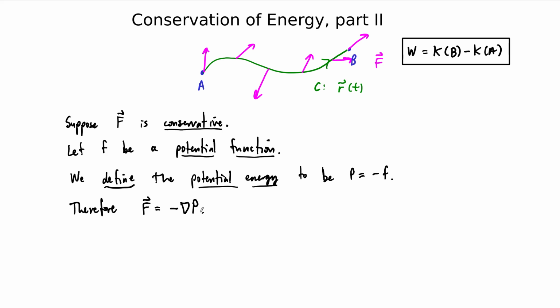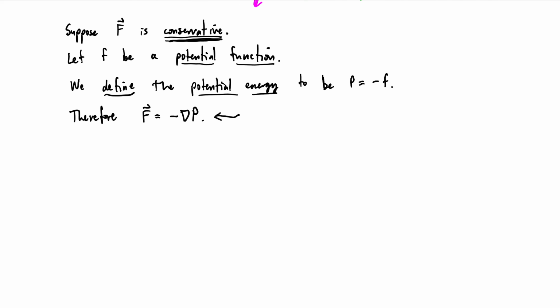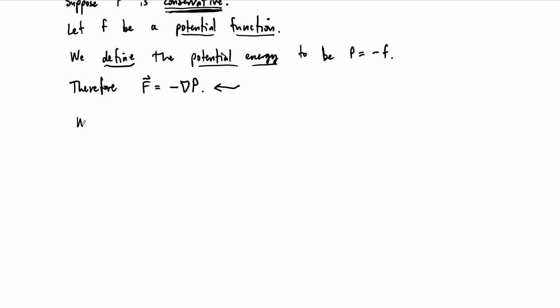Let's now try to compute the work done where we regard F in this light. And remember, this assumption that F is conservative is an extra assumption that we didn't have when we computed this formula up here. Okay, so let's check it. We want to compute the work, right?